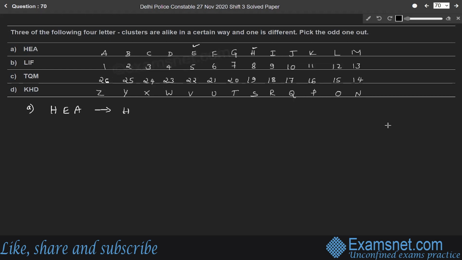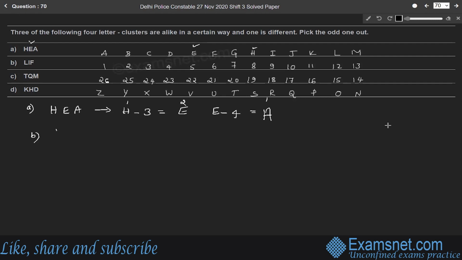So H minus 3, that is 8 minus 3, is E, the second alphabet, right? So the first alphabet minus 3 is the second alphabet. And the second alphabet minus 4: E is 5, minus 4 is equal to 1, which is the third alphabet, which is A, right?